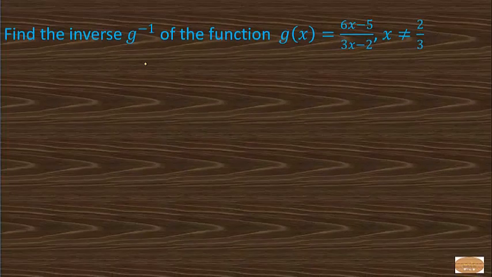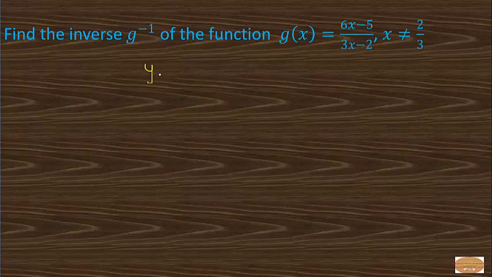Alright, so this is our next example. So let y represent the function. So y is 5 minus 2x over 6 minus 3x.